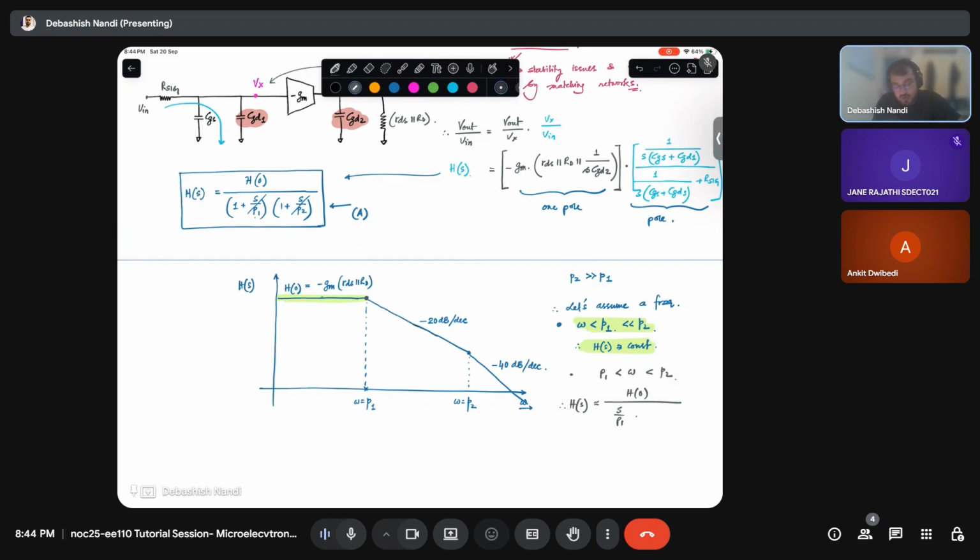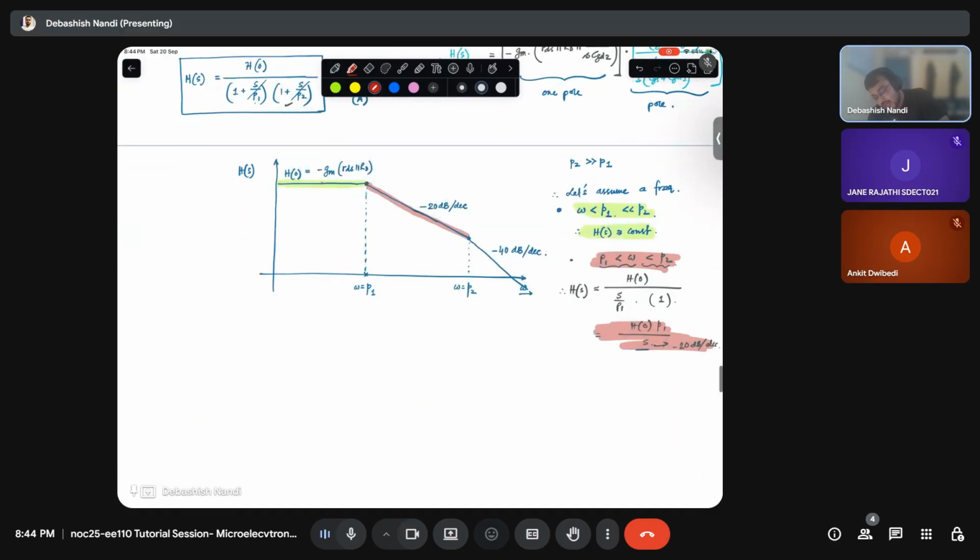So omega by P1 will be more than 1, but omega by P2 will be less than 1, so I can take the second quantity to be 1, ignoring the pole. So I will have H(0) divided by s by P1. This s is giving me minus 20 dB per decade slope. So this condition is giving me the region here.